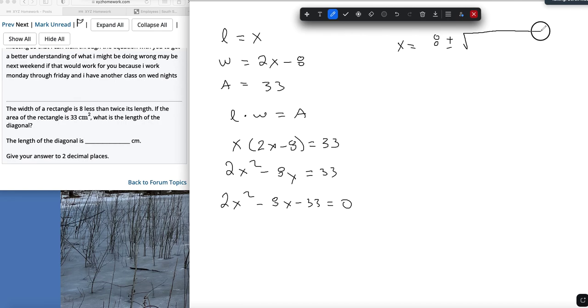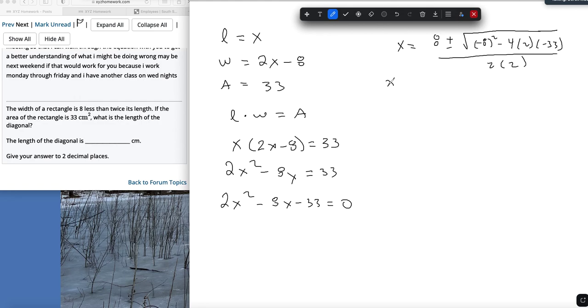So negative 8, plus or minus the square root of negative 8 squared minus 4 times a times c, all over 2a.